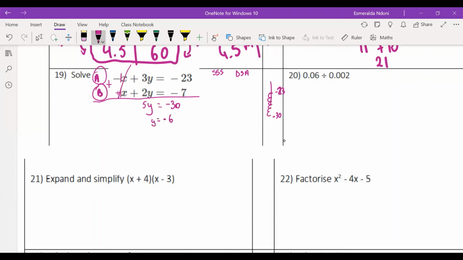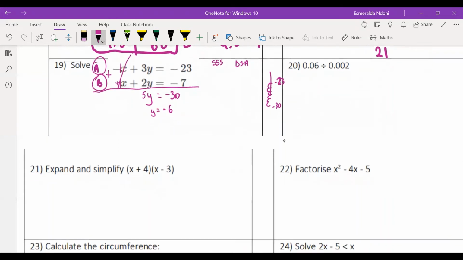Now that we found y, we substitute that into equation A to find x. Okay, so let's do just that. We sub into A. So we have a negative x plus 3 lots of negative 6 gave us negative 23.